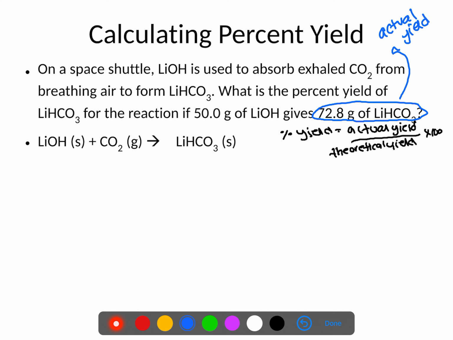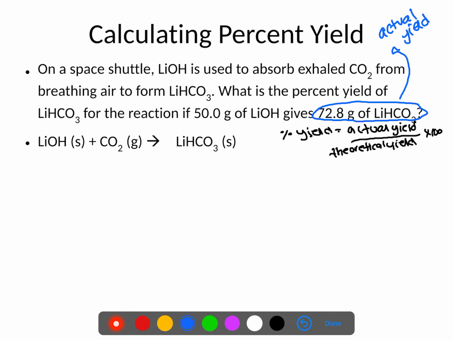And you're given 50 grams of lithium hydroxide. Well, if you want to go from one to another, you need to use the mole ratio. So you need moles of both. So that's your little plan.